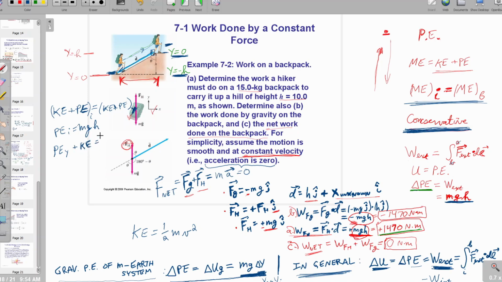So that's going to be equal to m times g times y, assuming taking y equals 0 at that location, plus 1/2 times m times v squared.